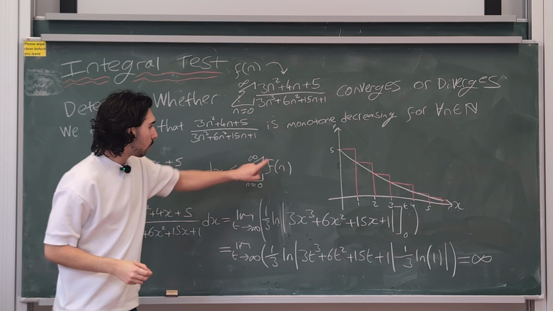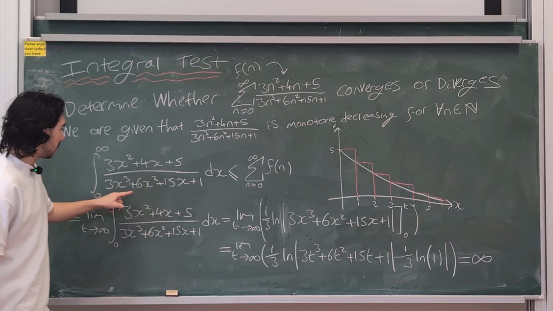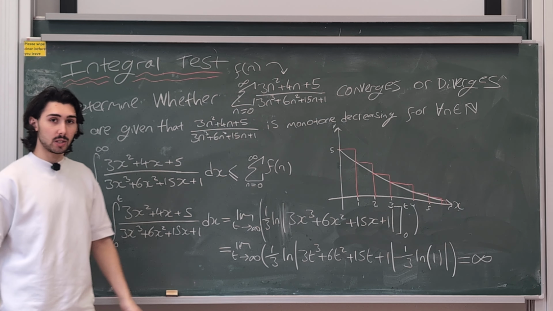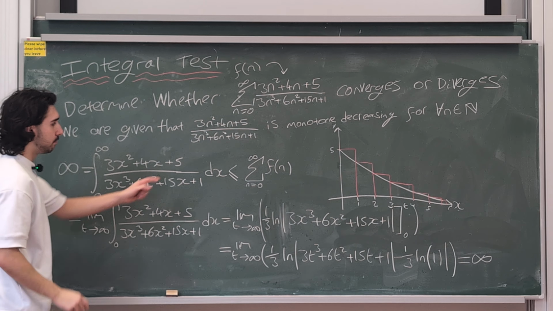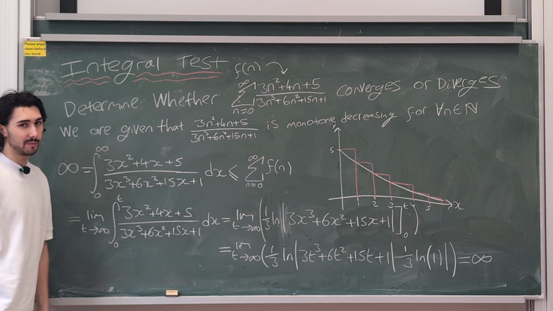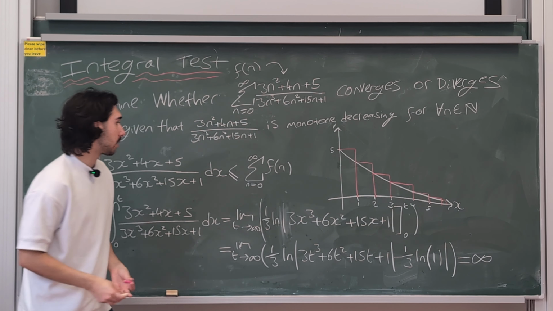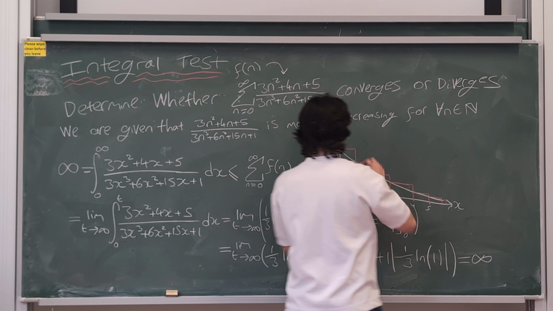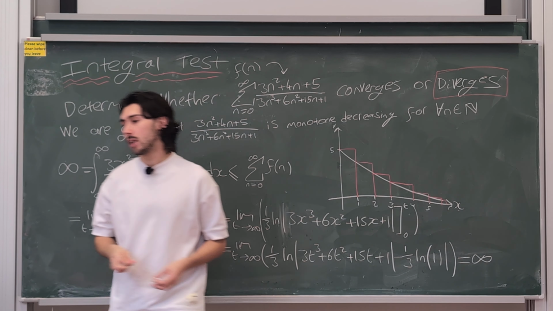The sum that we're talking about in the question clearly is bigger than this integral, but we've just worked out that this integral is infinity. So it's bigger than or equal to infinity. And so does it diverge or converge? It diverges. It's equal to infinity.